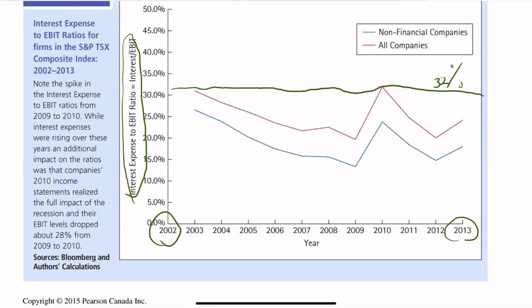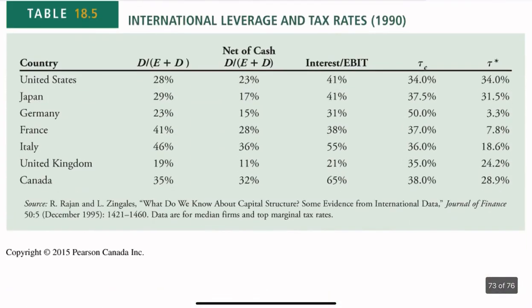So interest expense divided by EBIT never exceeds 32%. This is quite low, right? Because according to our theory, we should expect the interest expense to be close to EBIT. Maybe we would expect 80%. But why do we only get 32%? This is interesting.